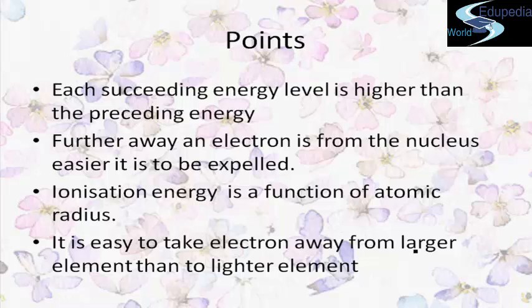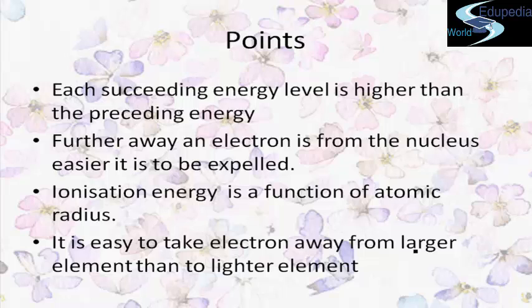Second, the further away an electron is from the nucleus, the easier it is to expel. Obviously, the attraction between the positively charged nucleus and the electron is much lesser than when it is closer to the nucleus. Ionization energy is a function of atomic radius.